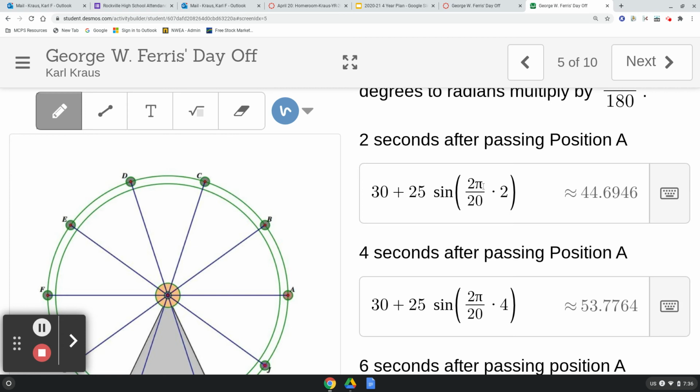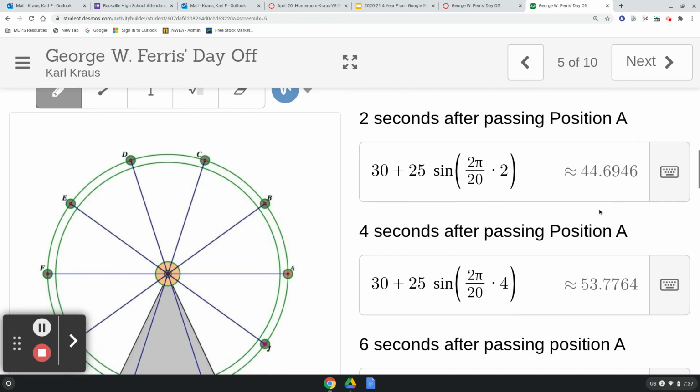So it's 2 pi radians per 20 seconds, or pi radians per 10 seconds. So this is the rate at which the wheel is turning, and then times the time. So we're going to have a similar formula as before, but we're using the rotational velocity and then times the time there. So 30 plus 25 sine 2 pi over 20 plus 2.